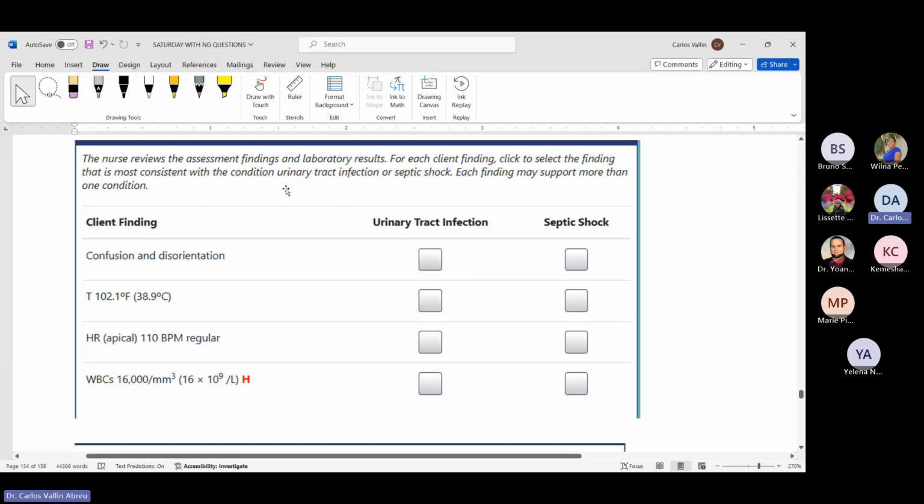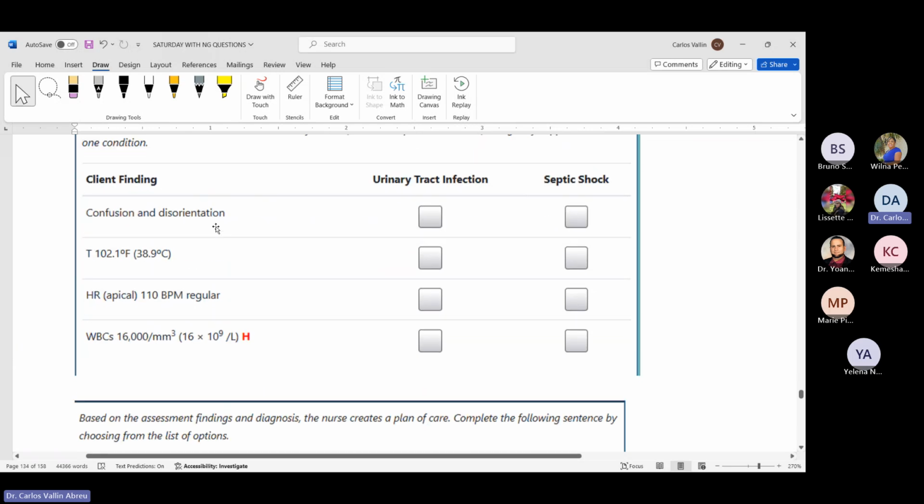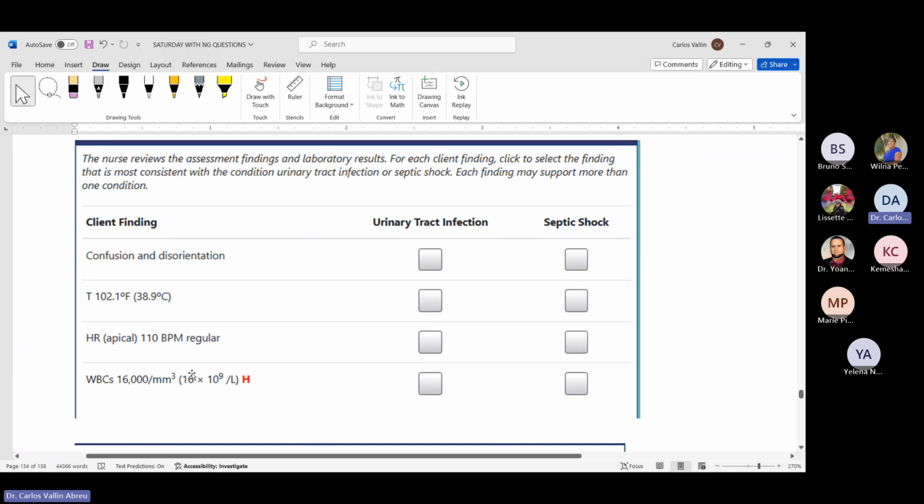Each finding may support more than one condition. The parameters that they are asking about are confusion and disorientation, temperature, heart rate, and white blood cell count. In my opinion, I cannot advance in this question from a bank without refreshing my concept of what septic shock is.